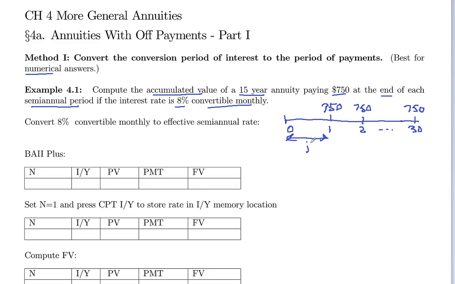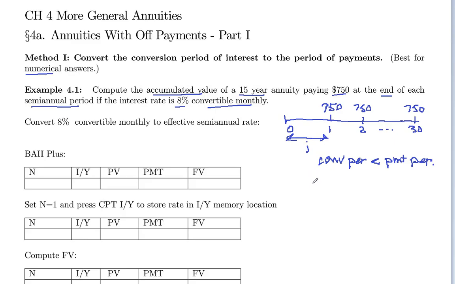So here our conversion period is less than the payment period. So what you want to do is take $1 and accumulate it for one payment period.